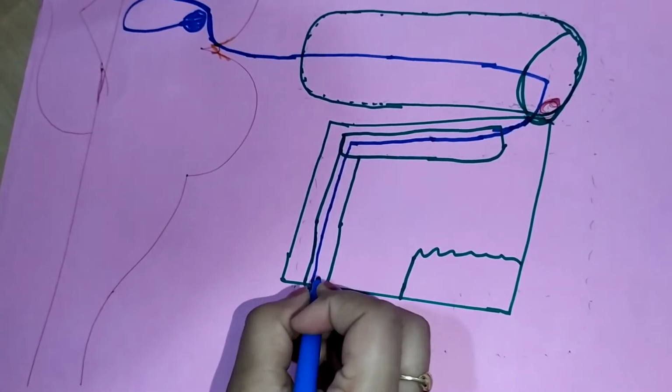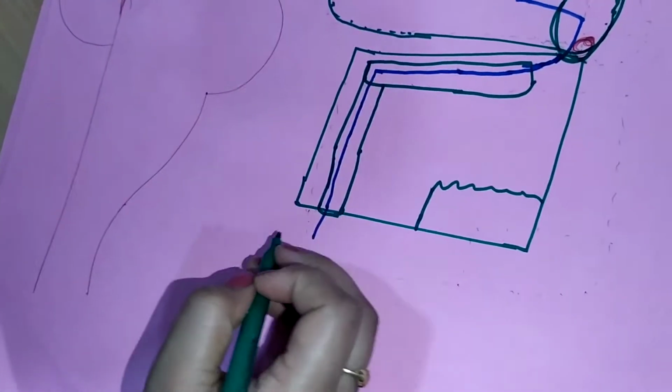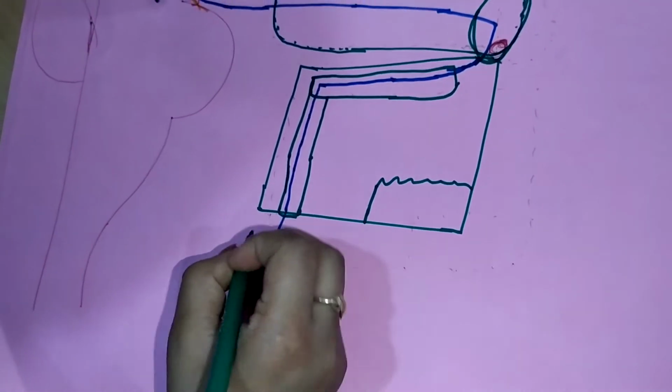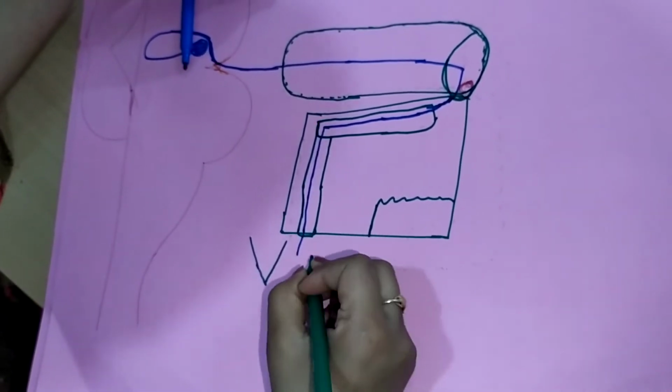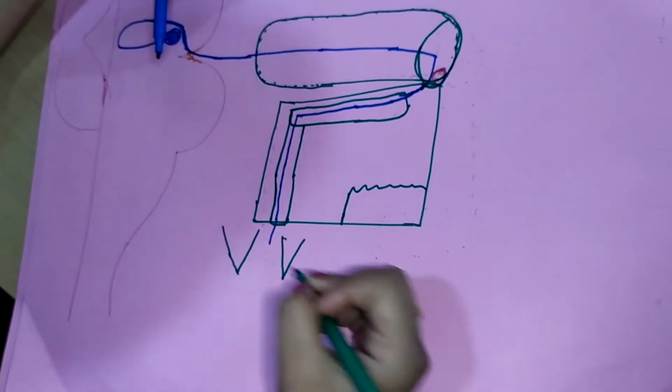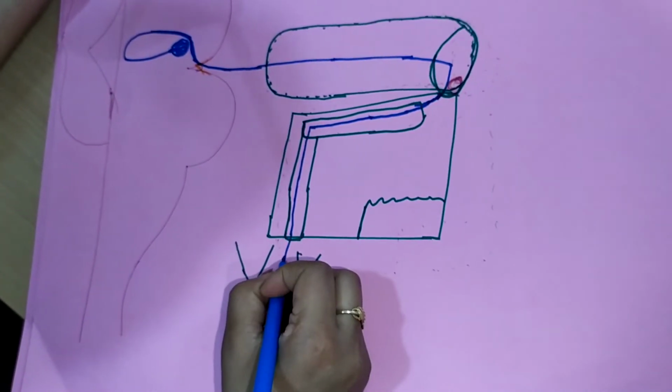It comes out of the ear at this point, the stylomastoid foramen. Posteriorly there is the mastoid process, anteriorly there is the styloid process. It comes out at the stylomastoid foramen.